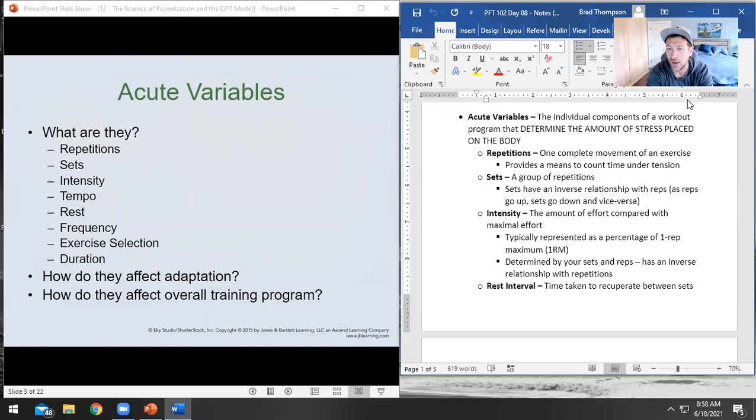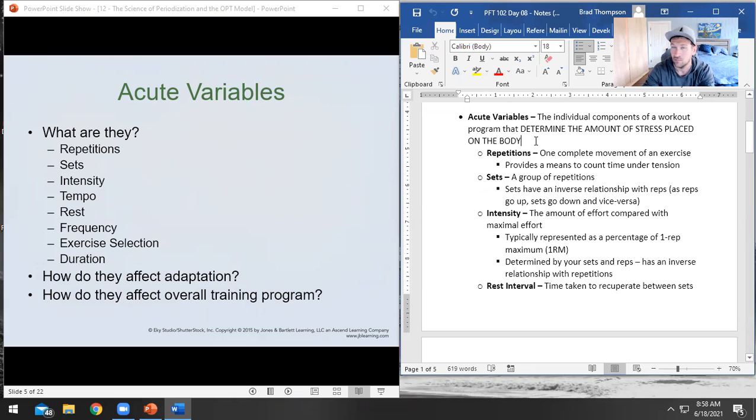Those are what we refer to as acute variables. Acute variables are the individual components of a workout program that determine the amount of stress placed on the body. I think I put that in capitals because that's the definition I've seen on a piece of homework or something, so that's a little bit of a hint there. But that's what acute variables are.